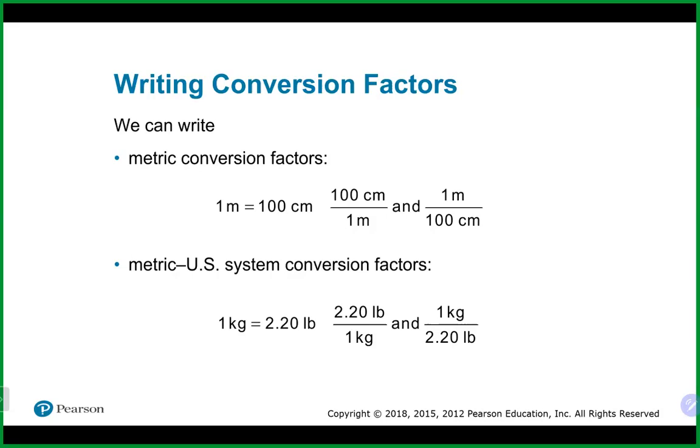Our kilograms and 2.2 pounds: 2.2 pounds over 1 kilogram, and 1 kilogram over 2.2 pounds. Again, this one we would not have to worry about. This one we should worry about, and we would be looking at this number in terms of the number of significant figures that we would be using in that calculation.